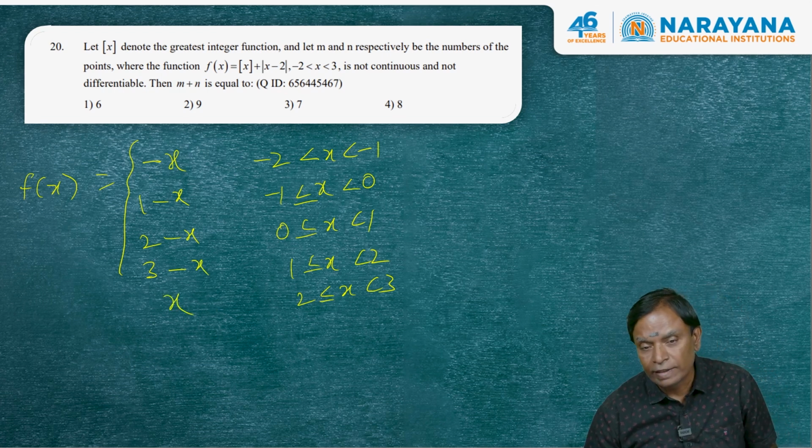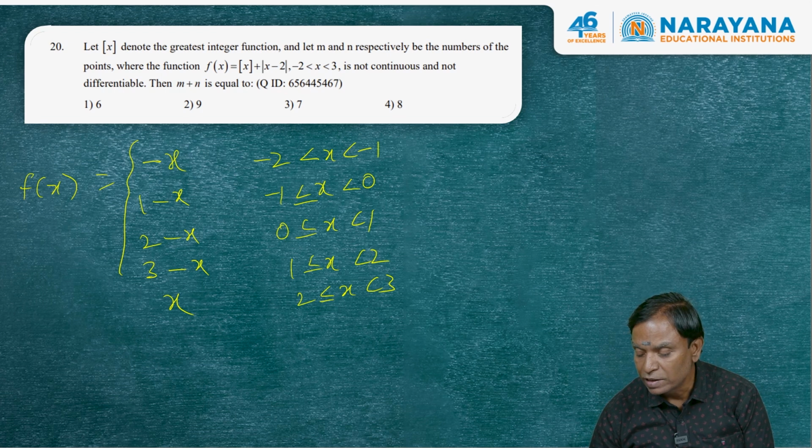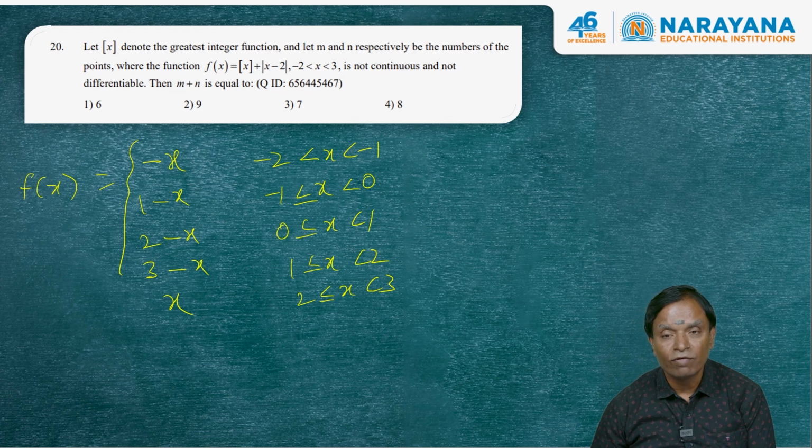You can see at minus 1 it is discontinuous, at 0 it is discontinuous, at 1 it is discontinuous, and at 2 it is discontinuous. So there are 4 points of discontinuity. At all these 4 points, your function is non-differentiable. So you can say m is 4, n is 4, and m plus n will be 8.